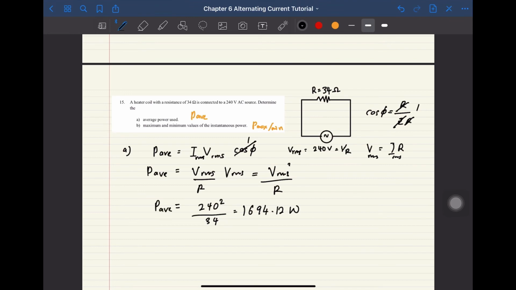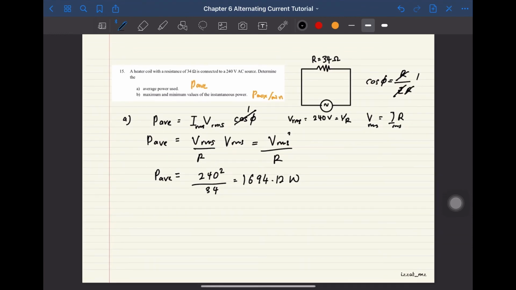Okay, and then for the next question, question B, they want to find the maximum and minimum values of the instantaneous power. If you are looking at the term instantaneous power, normally you can calculate p equals i with respect to time multiplied by v with respect to time. So obviously you have to include all the functions that come with the i and v. But here notice that the question wants you to find the maximum and minimum values.